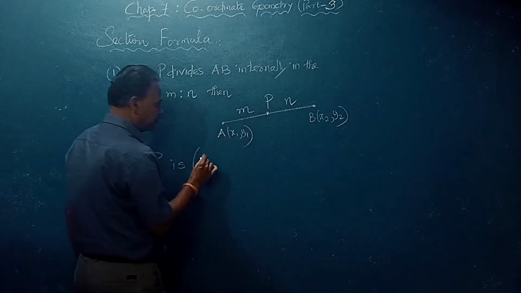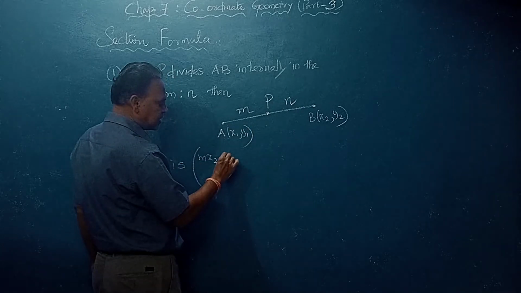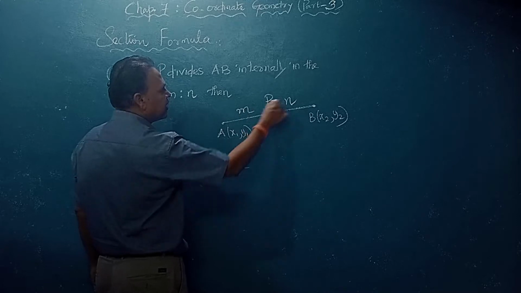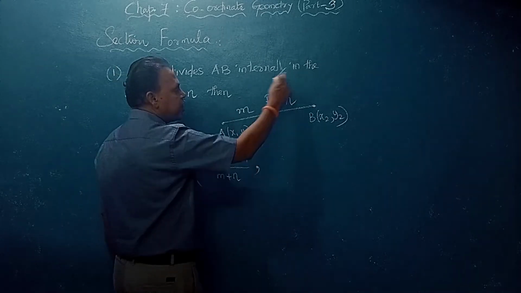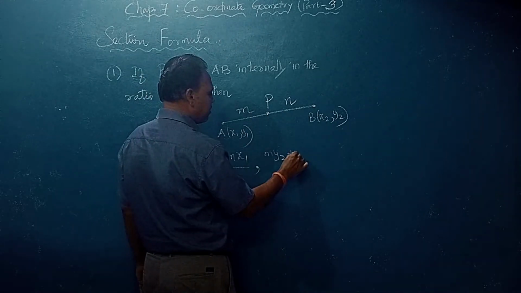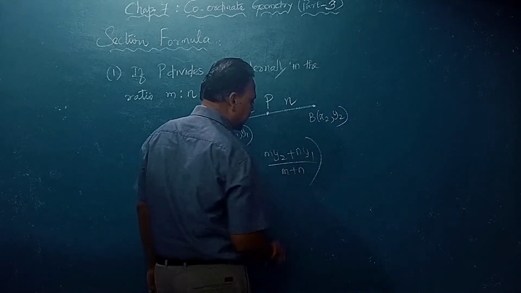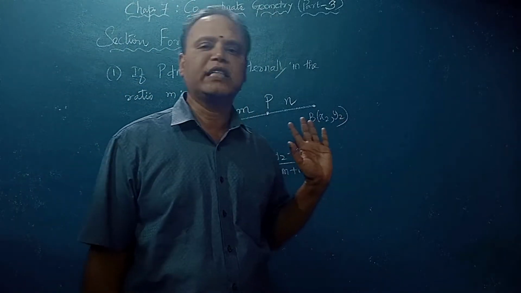M x2, always remember, plus sign, n x1, by the sum of both ratio terms, m plus n. In the same way the y coordinate is m y2 plus n y1 by m plus n. You have to use this idea; you don't need to remember the formula. If you have the idea, you can easily write this.